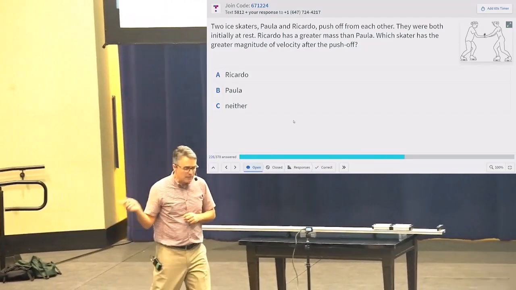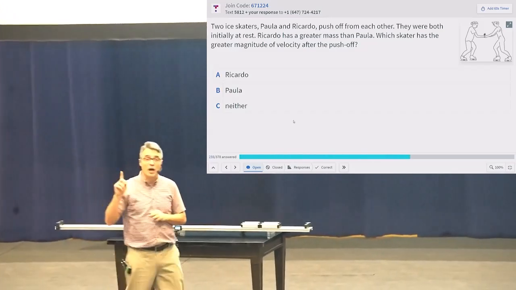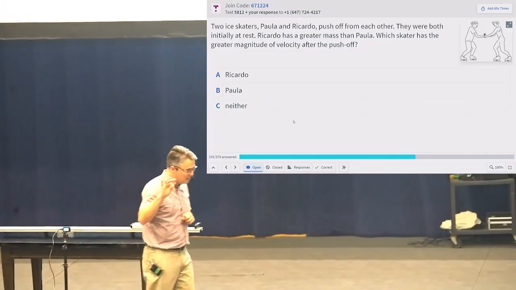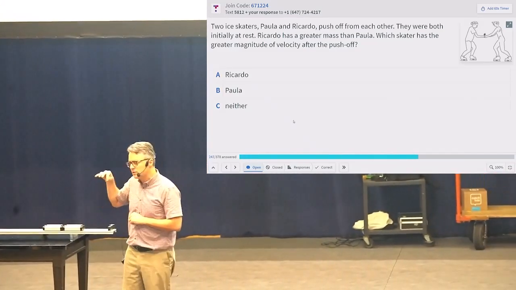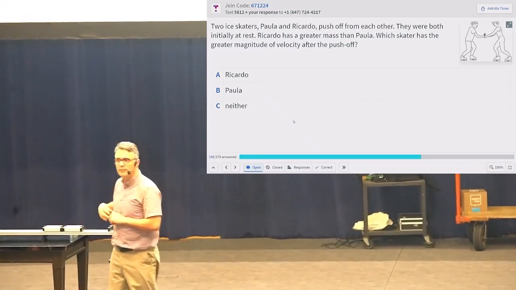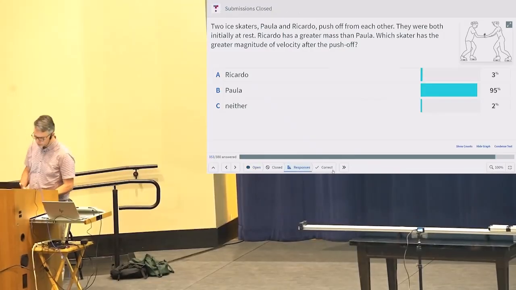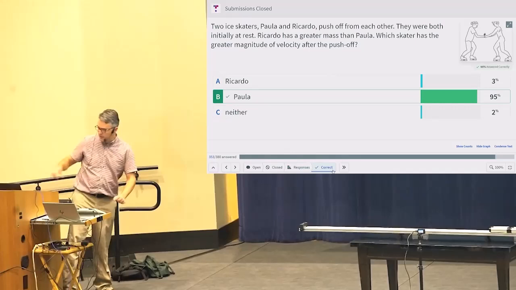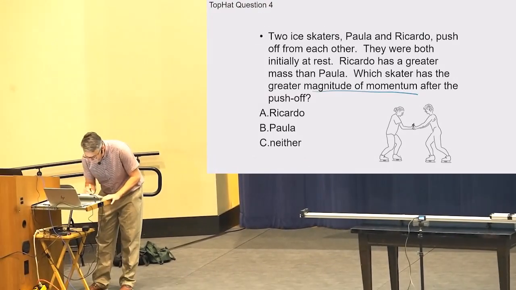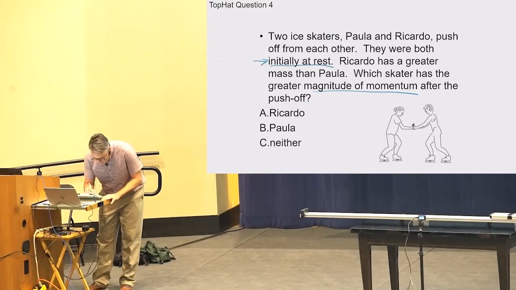So, now that you know that, momentum is the same. What does this mean for the velocities? So you have to invert this equation. P equals m v, so v equals p over m, I think, right? You got it. So here the concept is momentum. They were both initially at rest, so p is equal to 0.